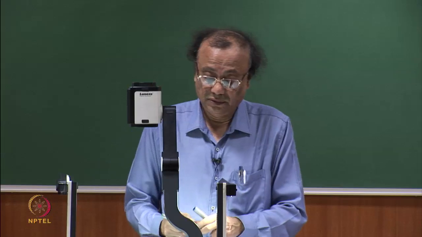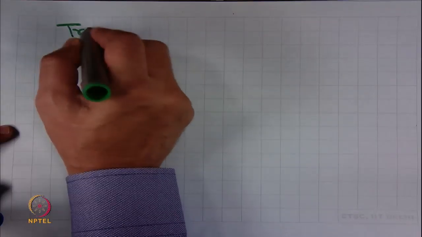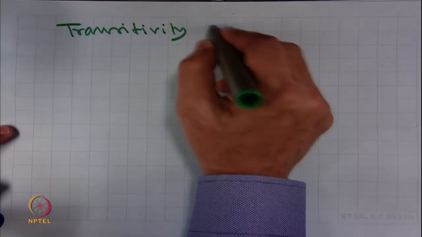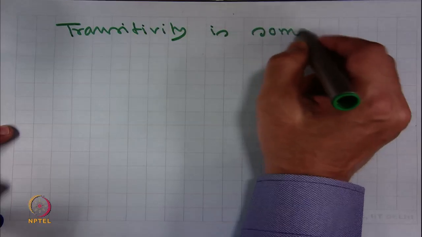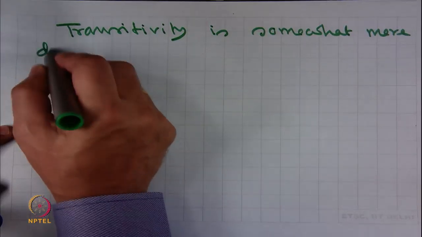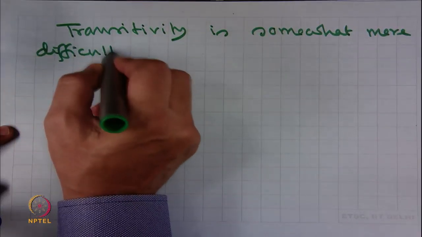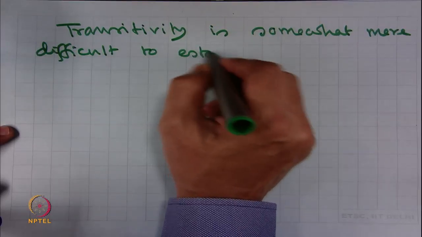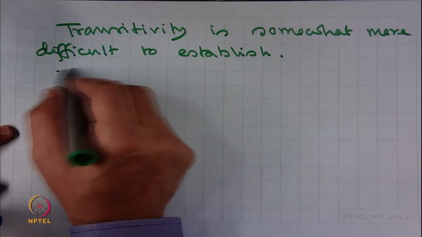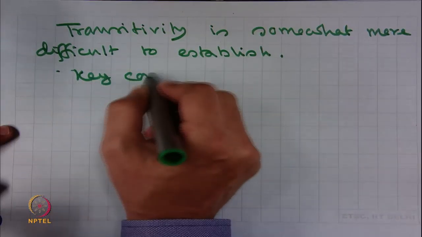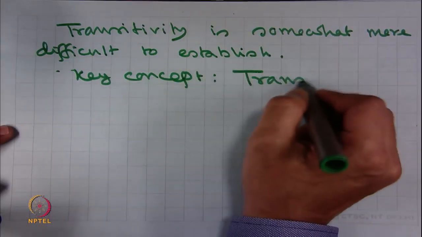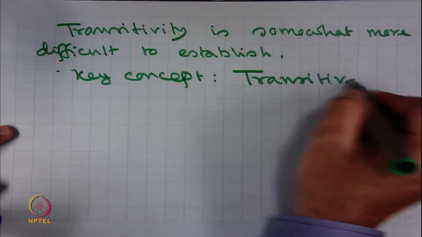However, transitivity is somewhat more difficult to establish. The key concept here is transitive closure.